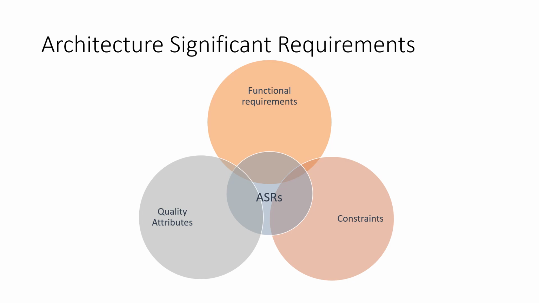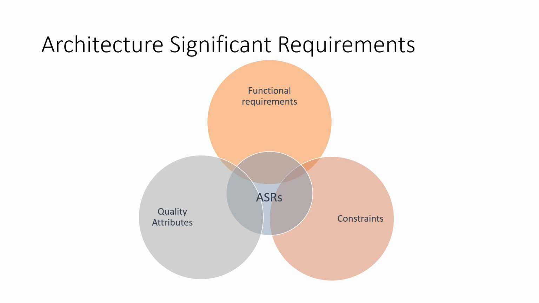Architecture significantly affects software quality and cost, but not all the system requirements affect software architecture equally. In many cases, only some requirements determine and shape a software architecture. We call these architecturally significant requirements.